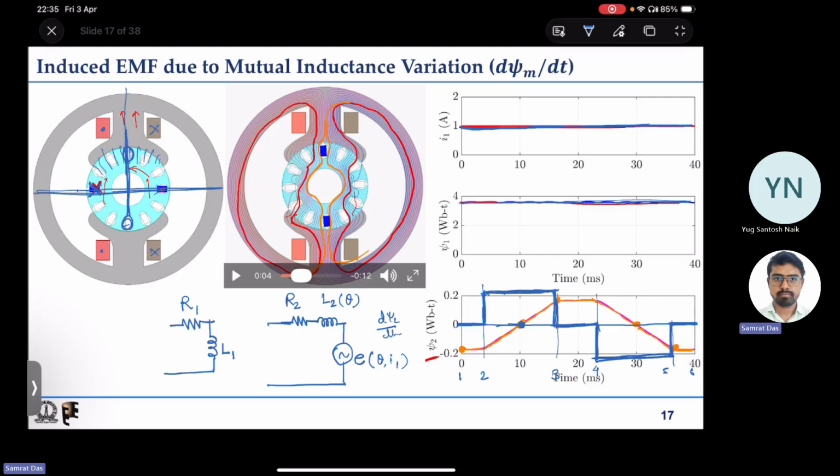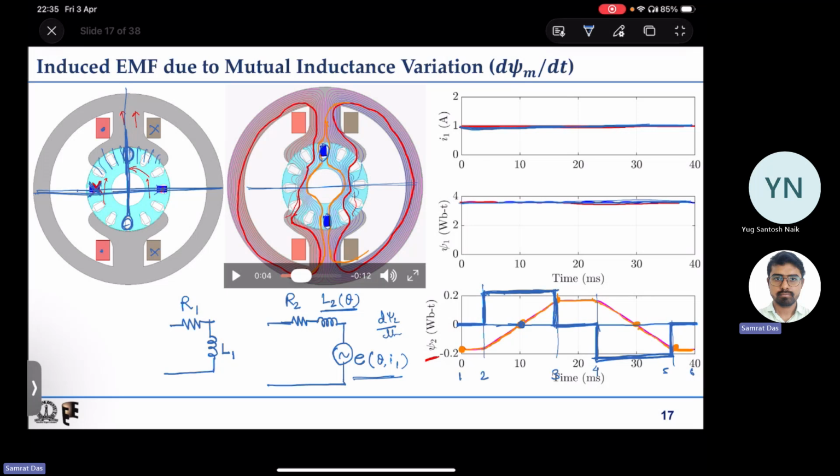But at this point where the coils are here, along the coil axis the air gap is large, so the inductance will also change. So in this case also, the self inductance will depend on the rotor position, and there will be some induced EMF due to the rotor position and the first winding current.